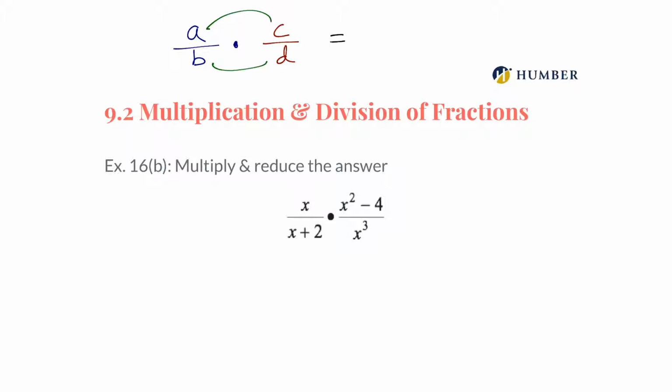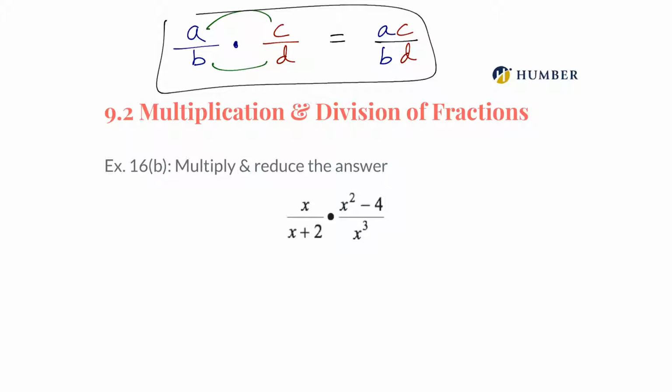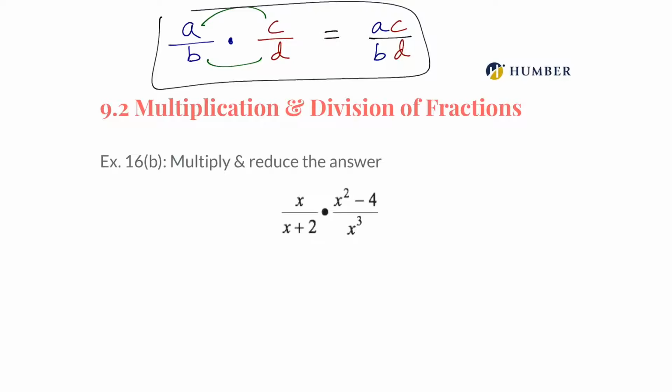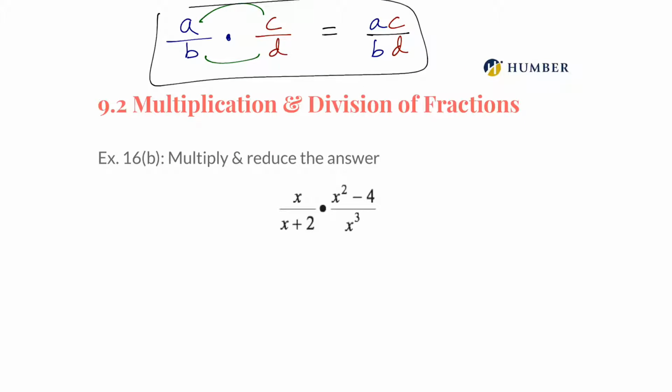So you could call it a cross, but don't call it cross, because then you'll think doing it this way. So the rule is you'll get the final product as AC over BD. Right? So we'll keep that rule in mind. That's the idea that we'll use here at some point.